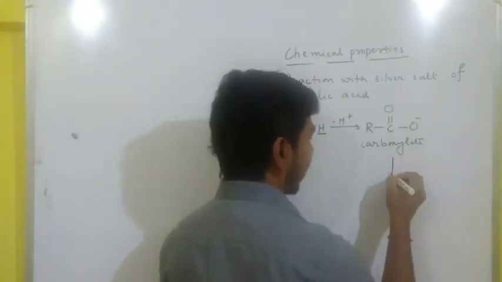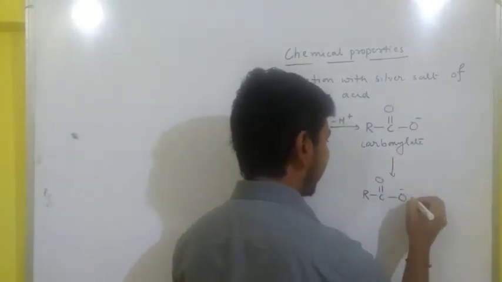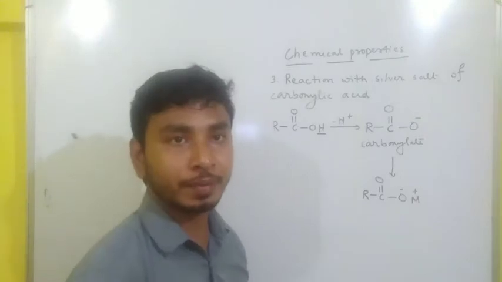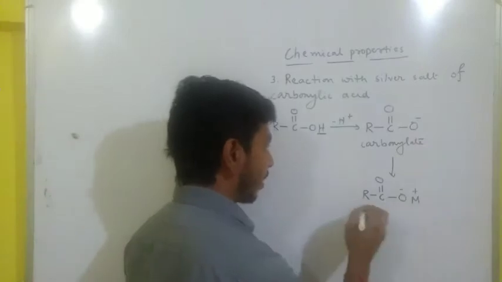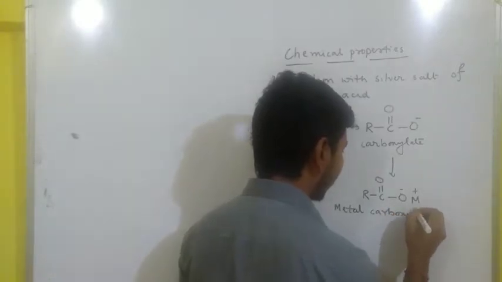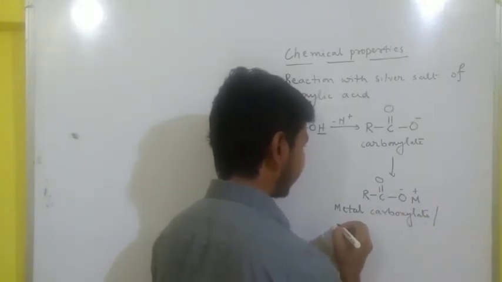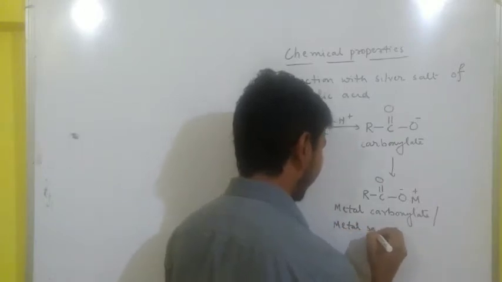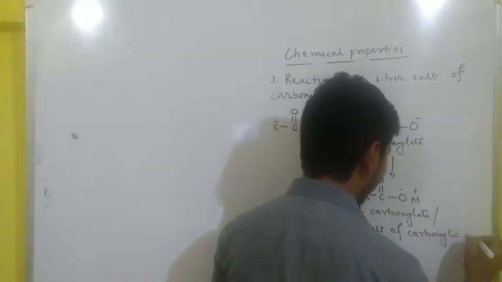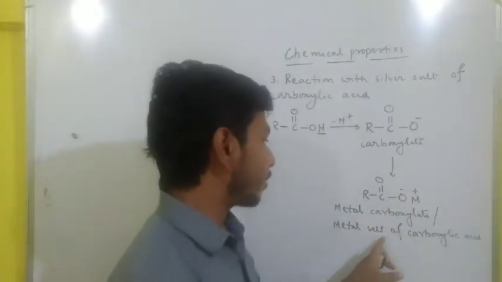Now if the negative charge of this carboxylate is neutralized by any metal, RCOO minus M plus, then it is called metal carboxylate, or metal salt of carboxylic acid.